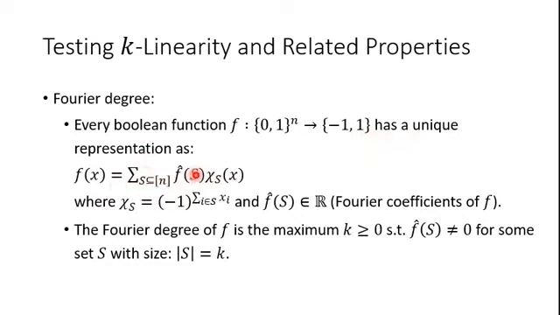Again, this is very similar to what we've seen in class, where chi_S is of this formulation, and f hat(S) are the Fourier coefficients of f. Finally, the Fourier degree of f is the maximum k at least 0 for which the Fourier coefficient is not 0 for some set with size k.